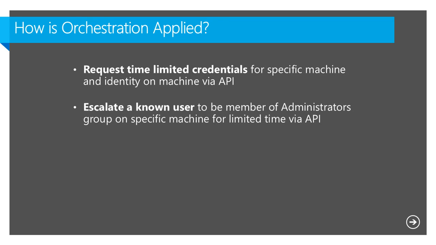Here is my name. I want you to add me to the local administrators group of that machine. And what I want you to do is leave me in there for some period of time, let's say half an hour or an hour, because I have work to do, and here's the reason why I'm doing this. So this escalation is effectively changing group memberships for a particular machine for a limited period of time, with the idea that de-escalation will occur automatically.